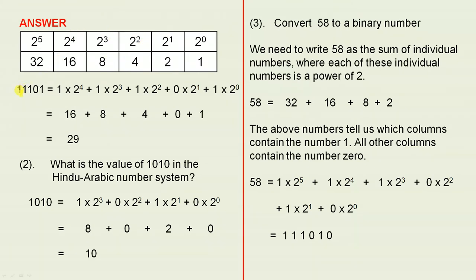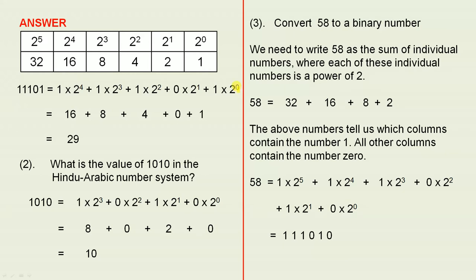So the first digit, which is a 1, the value of that is 1 times 2 to the power of 4. The next one, the value of that is 1 times 2 cubed. The value of the next one is 1 times 2 squared, which is that column. This one here is 0 times 2 to the power of 1, and this one is 1 times 2 to the power of 0.